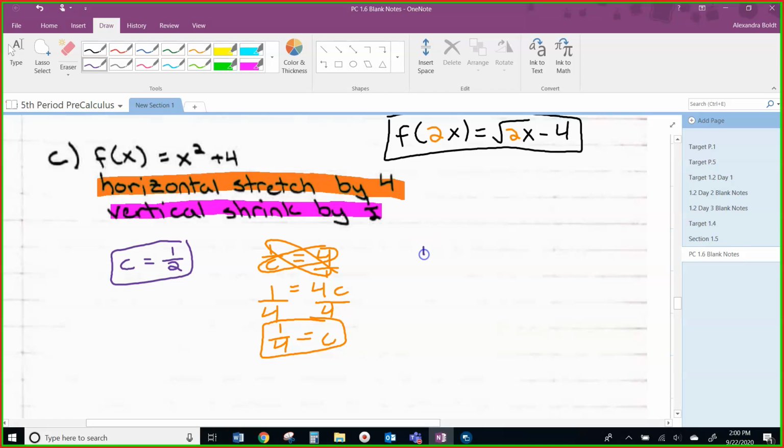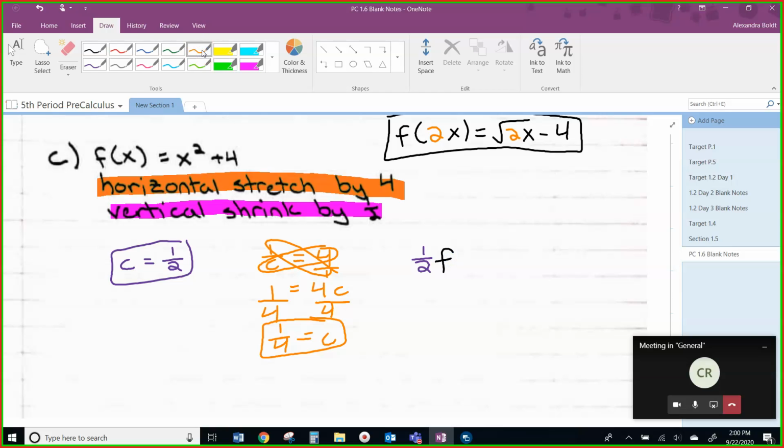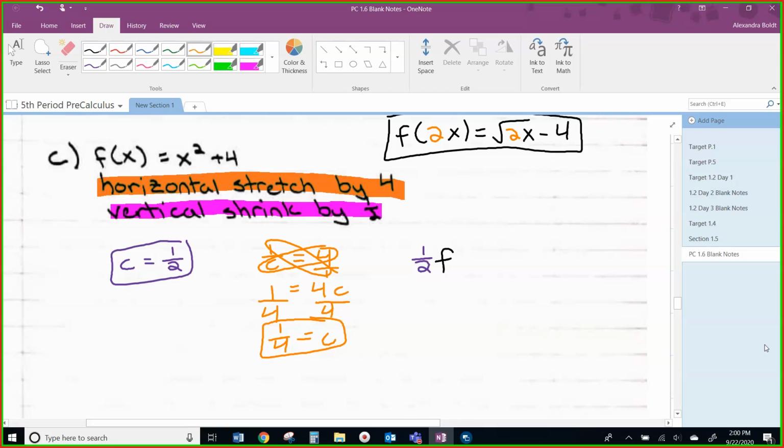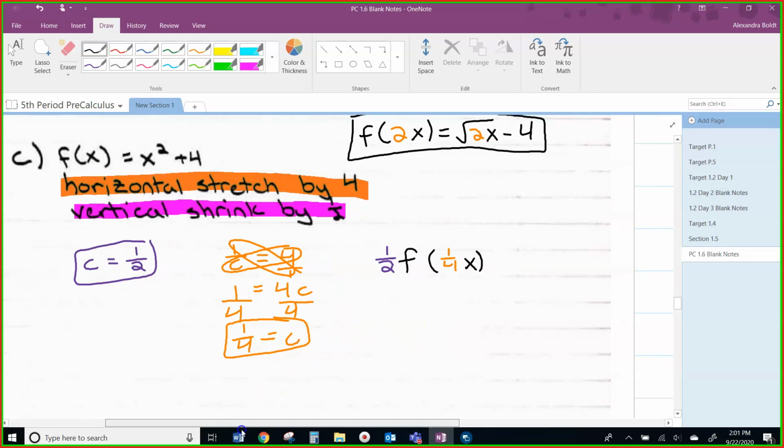So really what I'm finding is 1/2 f of 1/4 x. All right, so I'm doing 1/2 f of 1/4 x. That's how I'm going to change my function up here.